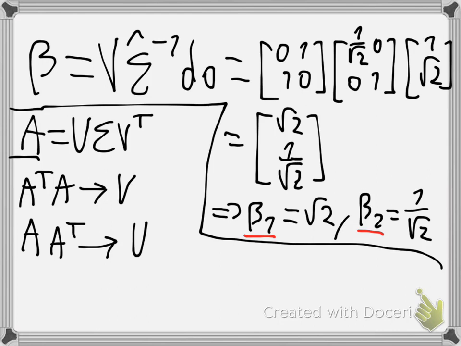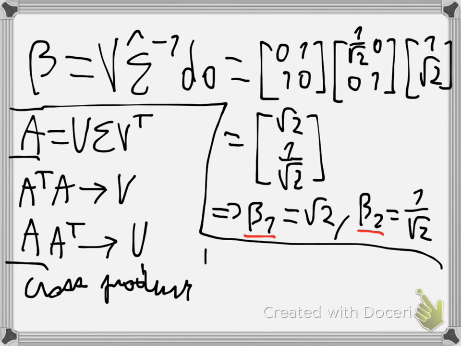And then if you don't have enough vectors for U or maybe V, you need to find other vectors that are orthogonal to the other vectors. If you are in 3 dimensions, you can use the cross product. Otherwise, you can use Gram-Schmidt.